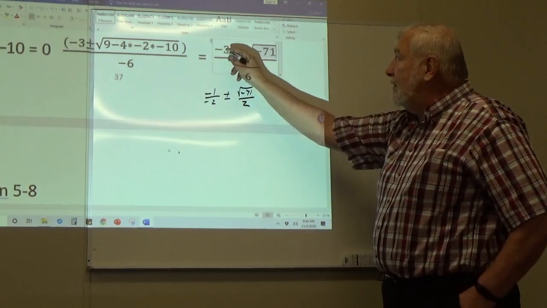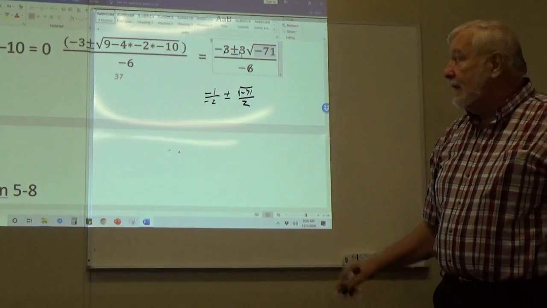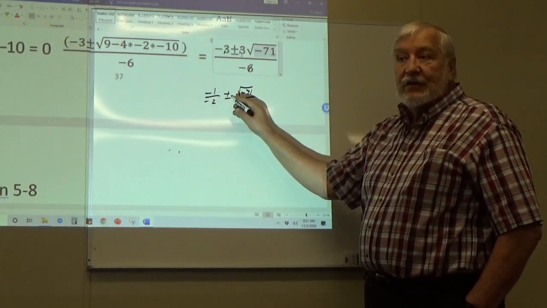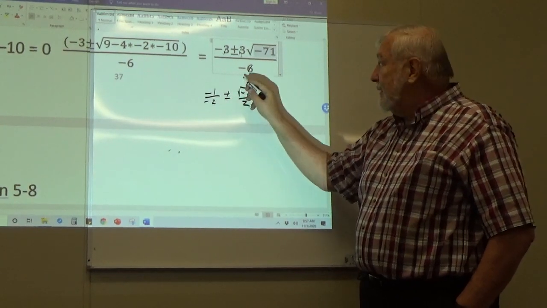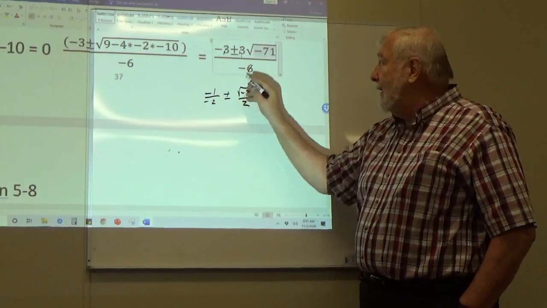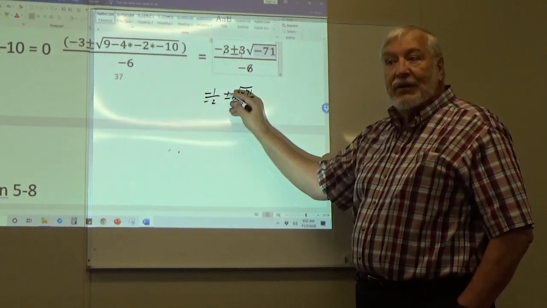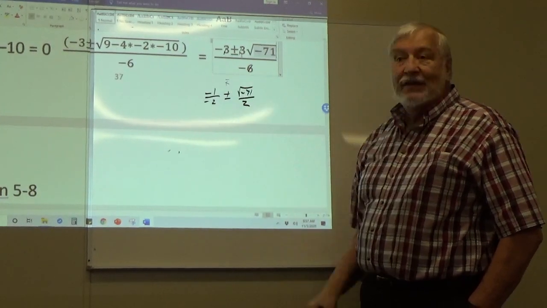If I divide this by 3, this by 3, and that by 3. Now, what happens here technically, instead of having plus or minus, instead of having minus or plus. Because this negative is going to make the positive into minus, and then this negative will make the minus into plus. And some calculators actually have a minus plus sign.